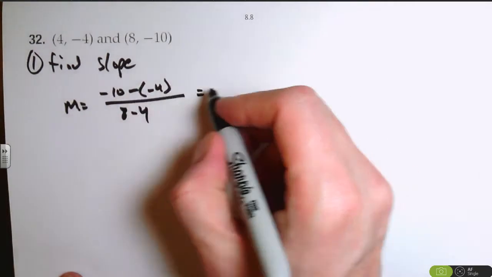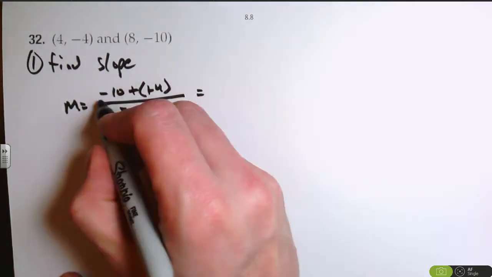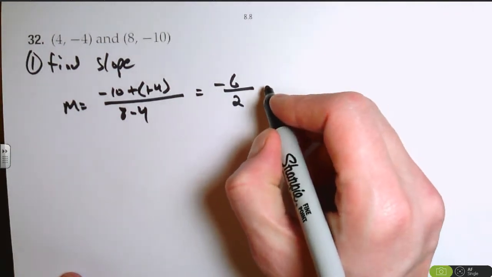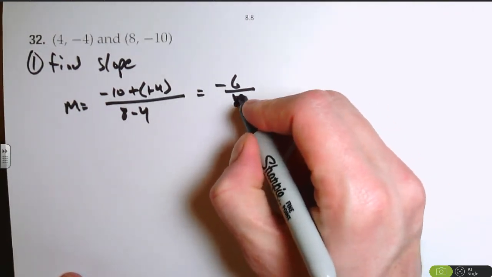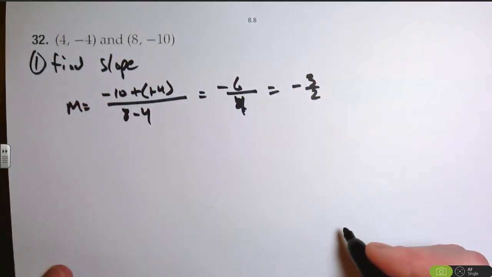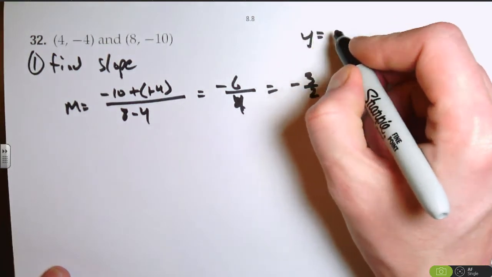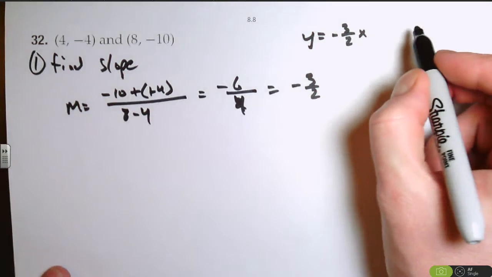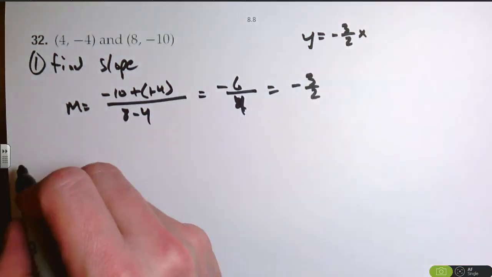So that gives me negative 10 plus 4, which is negative 6, over 8 minus 4, which is 4, and negative 6 over 4 is negative 3 halves. So I know the line is y equals negative 3 halves x plus something. I don't know what that something is yet. I'll come back to that.